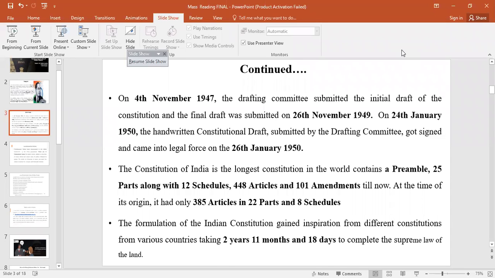At the time of its origin, it had only 385 articles in 22 parts and 8 schedules. The formulation of the Indian Constitution gained inspiration from different constitutions from various countries, taking 2 years, 11 months, and 18 days to complete the supreme law of the land.